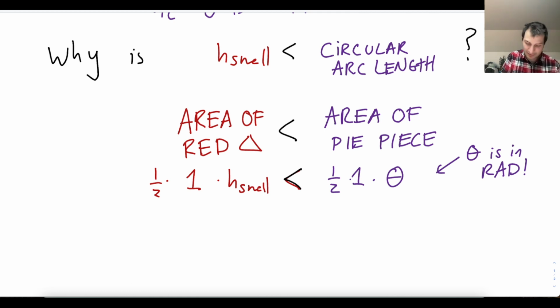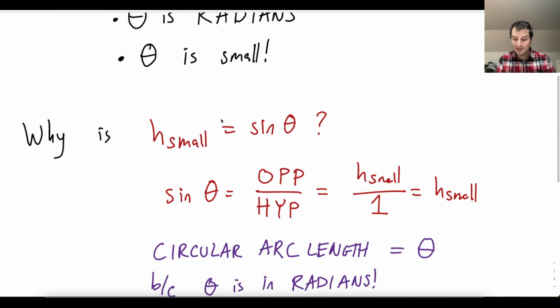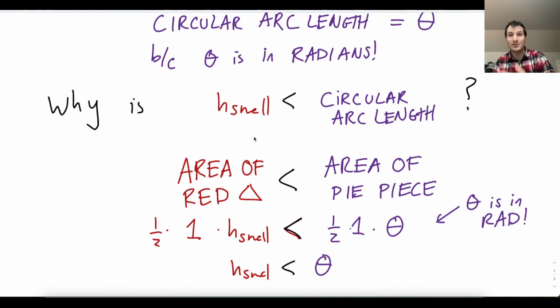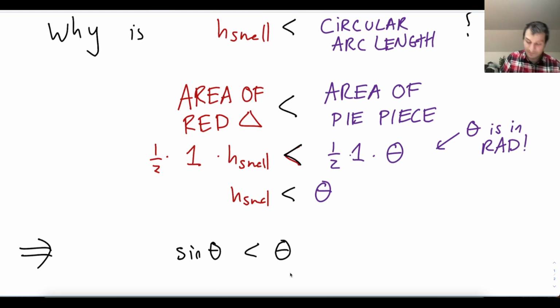Well, canceling out the half, h small is less than theta. And so if you combine these two facts, that h small is sine theta, the circular arc length is theta, with this other fact, that h small is less than the circular arc length, therefore the sine of theta is less than theta.